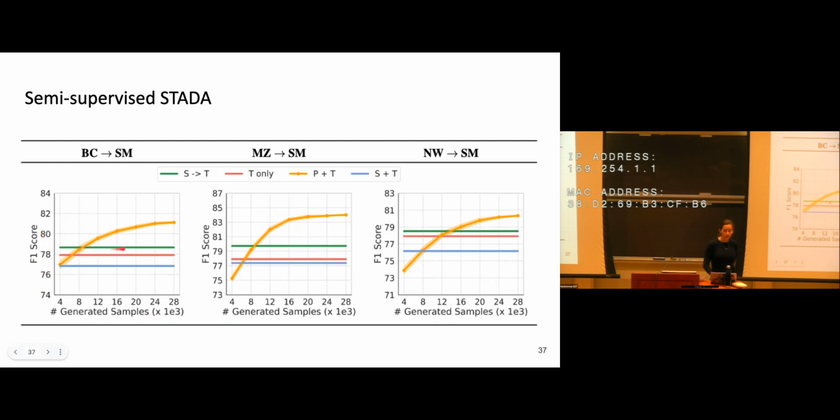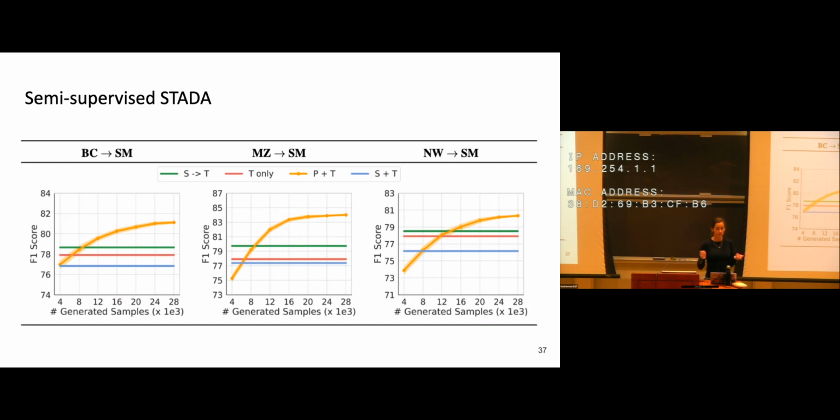The green line here, source to target, is showing what happens if we train the model on source and then test on target. The curve here is when we're training the model on the generated data and the target data, right? But increasing amounts of generated data. The blue line is when we combine source and target to train the model.